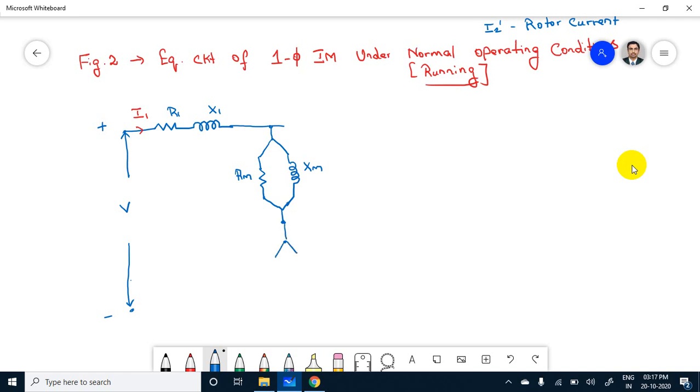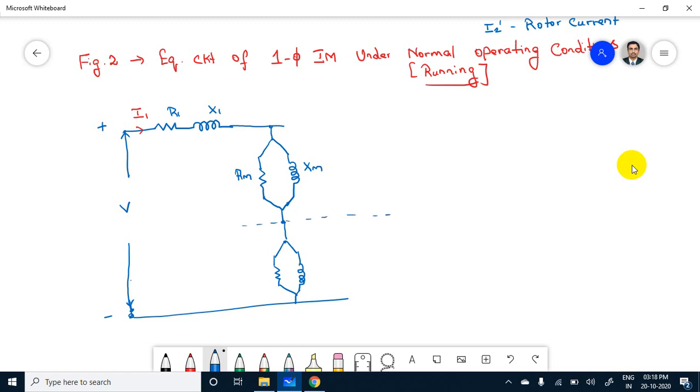Okay, into two portions, one for forward, another for backward.